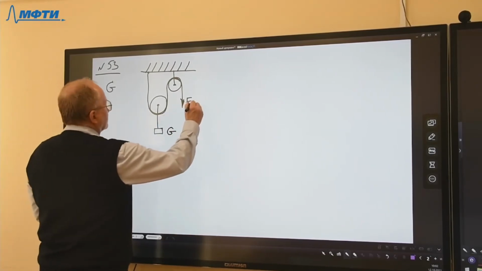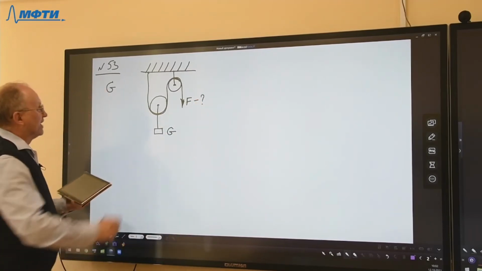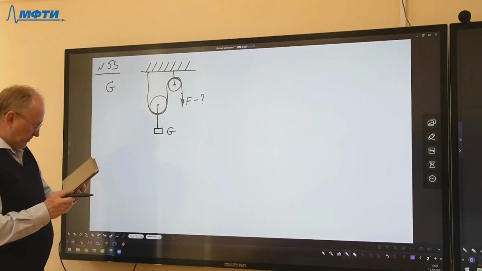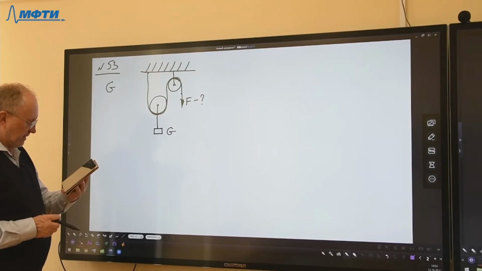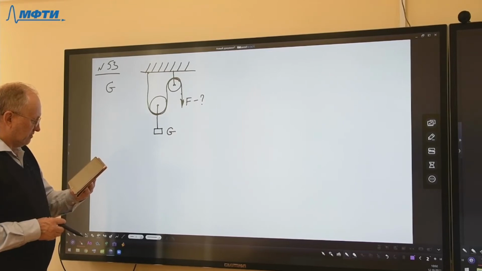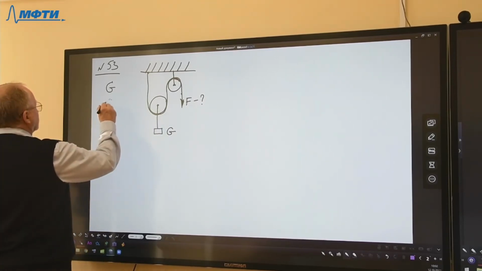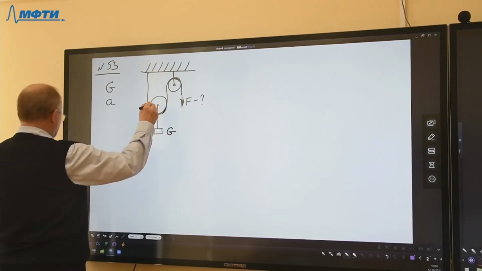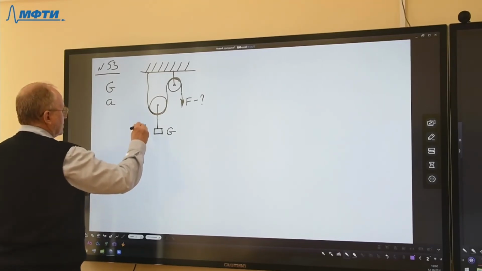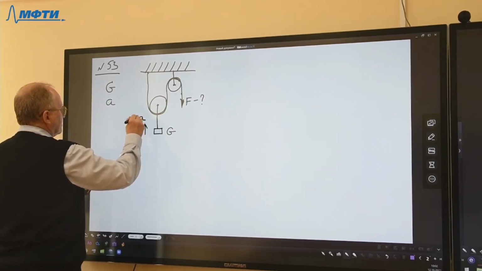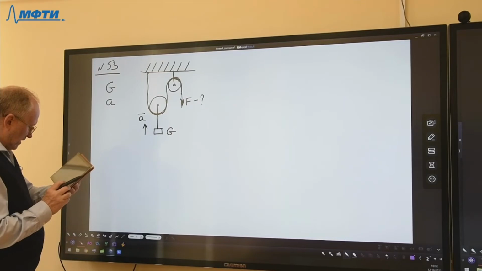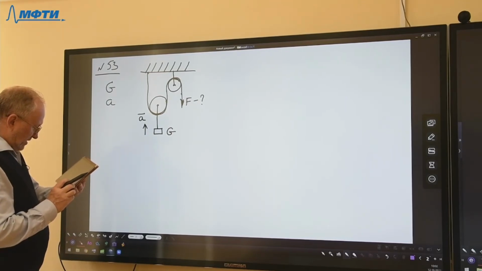What force F, we need to find it, should be applied to the end of the string here, which passes around the second pulley, so that the weight G moves upward with an acceleration of A. So we are given acceleration, and the weight G should move upward with acceleration A. This is the first question.